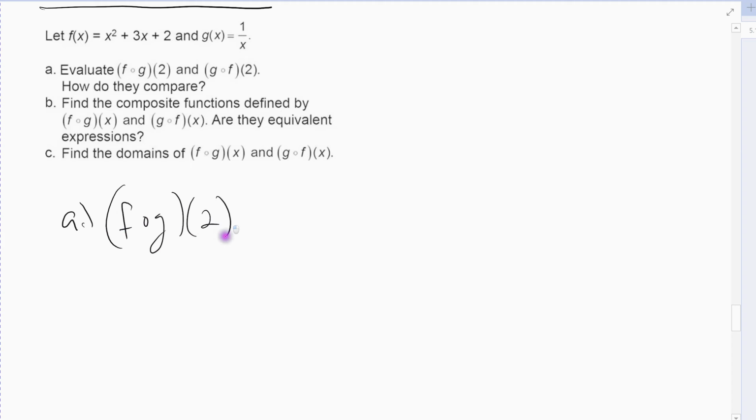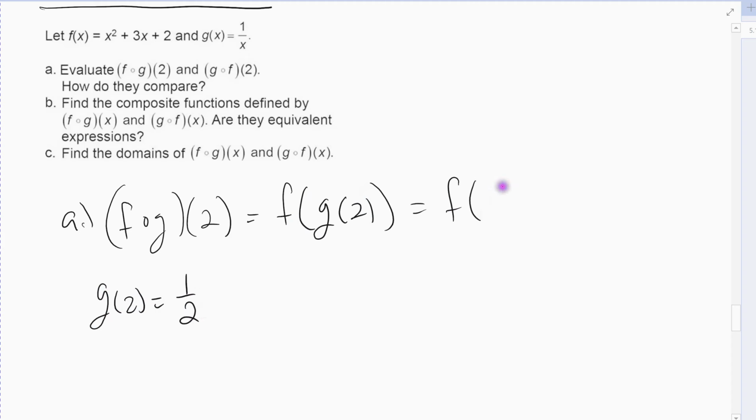g of 2, which again, remember, writing it in the other form is a little easier to understand. And then we'll do the other one, g of f of 2. All right, so what we're going to do first is find g of 2. So g of 2 is 1 over 2, and then plug that in. So then it's f of g of 2, which is f of 1/2. 1/2 goes into my f function.